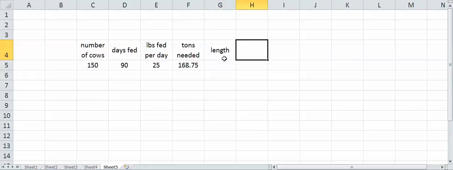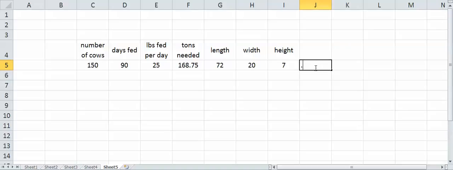And just like the last problem with the grain bin, we're measuring the volume first. I need the length, width, and height. Length, width, and height of the bunker. So this particular bunker is 20 feet wide, 7 feet deep or high, and 72 feet in length. And I know that it's 0.0175 tons of silage per cubic feet.